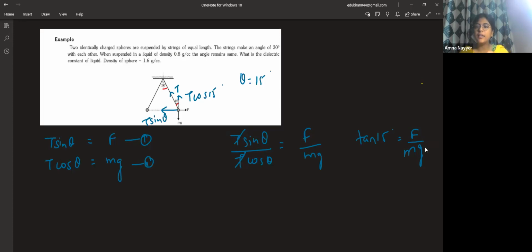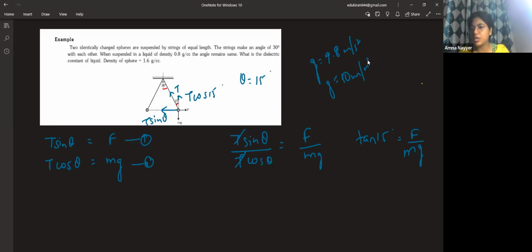There, when you apply the buoyancy principle, the gravity also changes. So effective gravity will not be exactly 9.8. Otherwise, what is the value of gravity that we take? 9.8 meter per second square, or roughly 10 meter per second square.